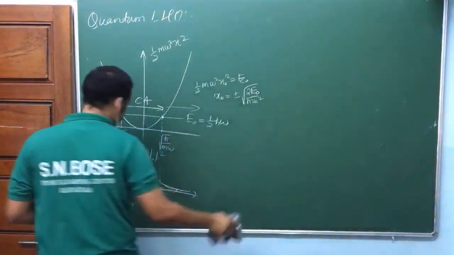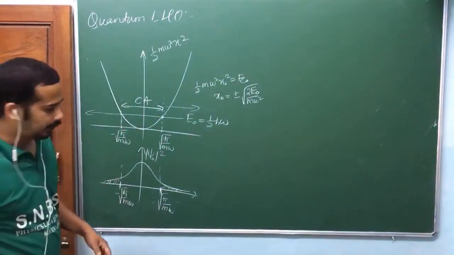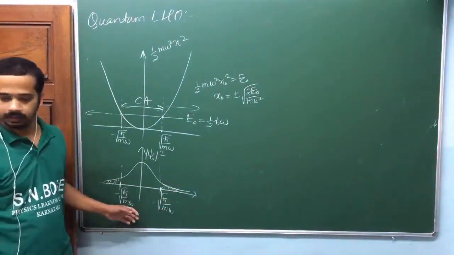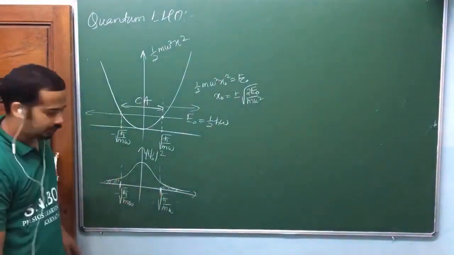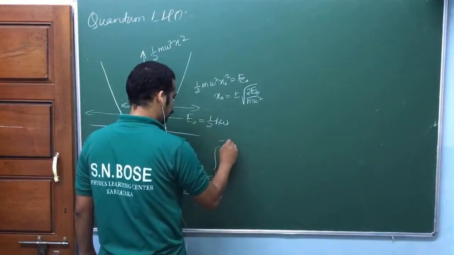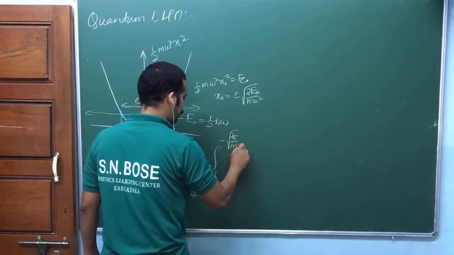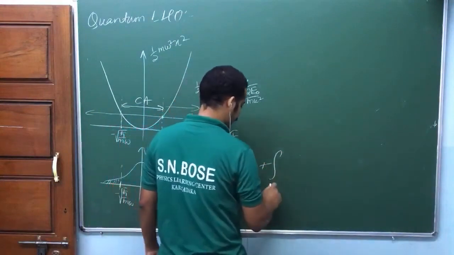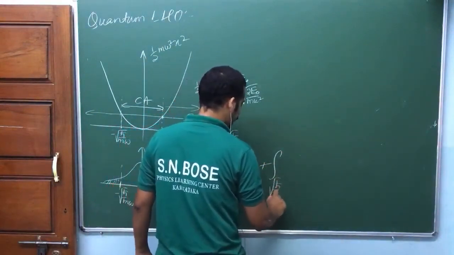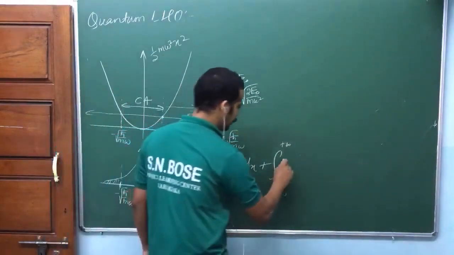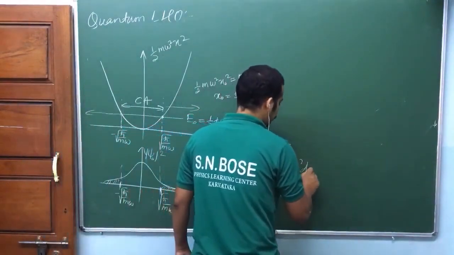So now what he is asking is to find the probability of finding the particle outside the classically allowed region. Outside this region, I need the area: minus infinity to minus root of h bar by m omega of mod psi naught square dx, plus root of h bar by m omega to plus infinity of mod psi naught square dx.